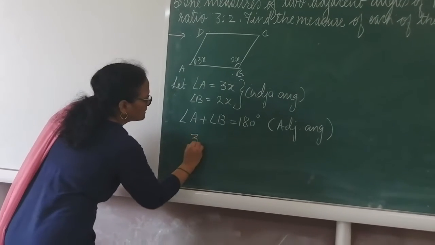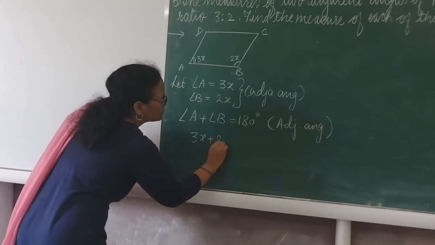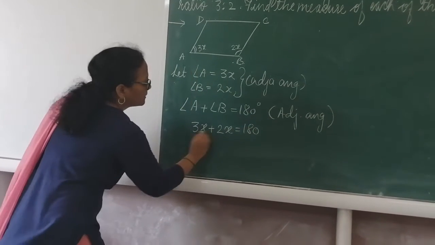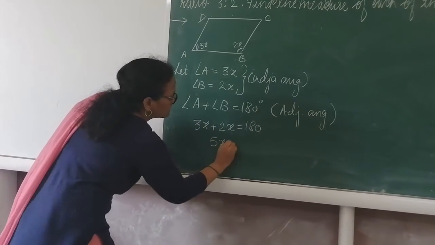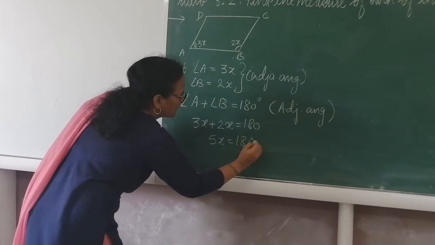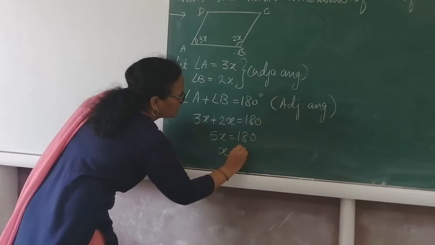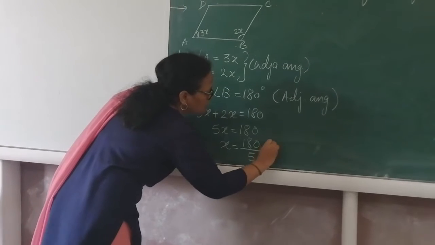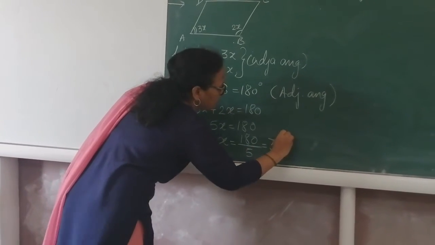Okay. Now angle A: 3x plus 2x is equal to 180. This is 5x is equal to 180, and therefore x is equal to 180 by 5, which is 36 degrees.